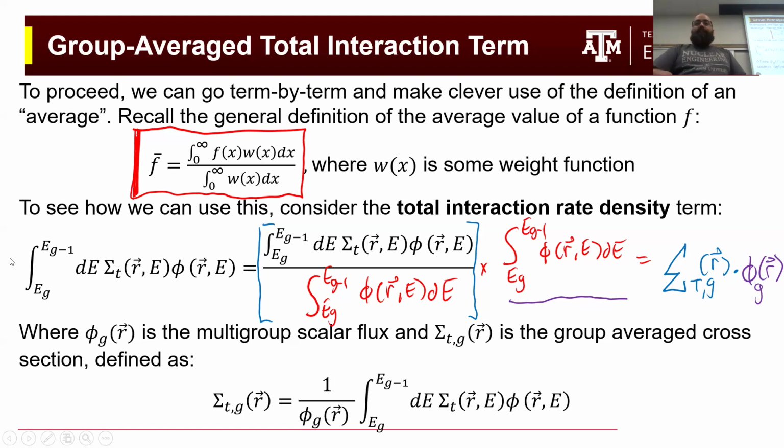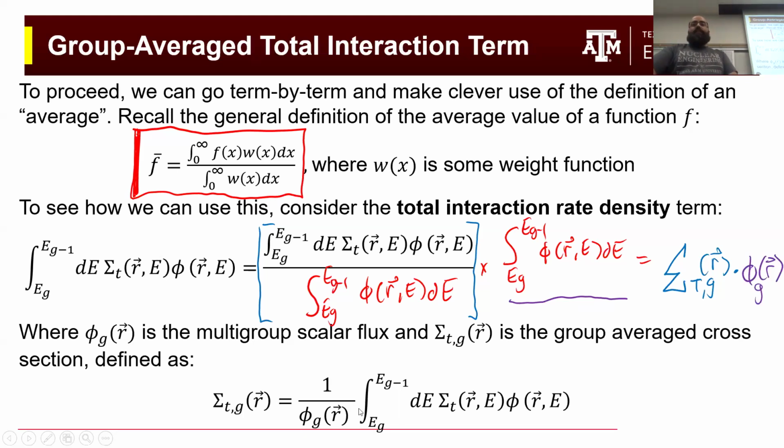And by definition, if I were to think of this thing as the left side of my equation and this thing as the right side, then I could divide both sides by that group flux to get the sigma total by itself. And that's what this definition is right here. I'm just taking the group flux, dividing it on both sides to write the total cross section in that form.